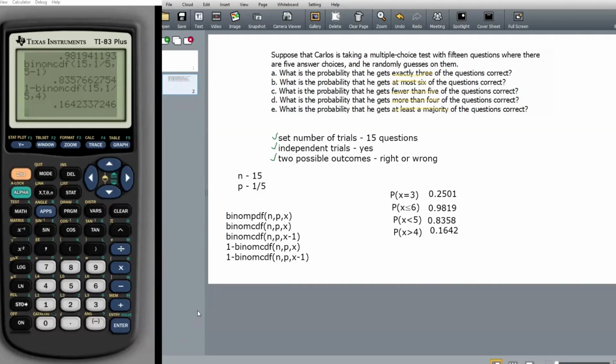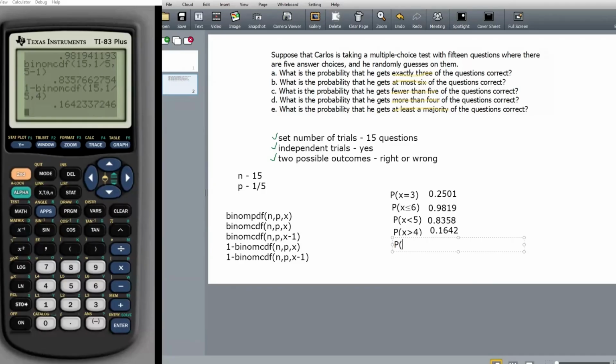Now, a majority of something is going to be more than half. Since I have 15 questions in my test, more than half of those would be 8. So the probability that I am trying to calculate is the probability that he gets at least 8 of the questions correct.